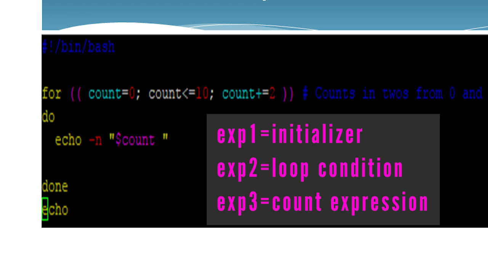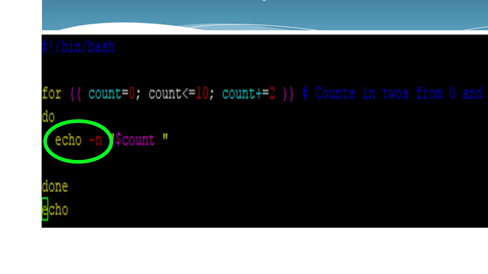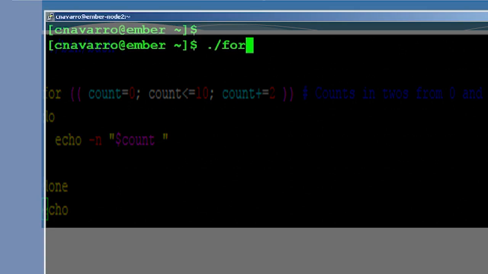Do echo -n, and the -n will negate any newline characters. Quote, $count. Count is a variable. It's going to start at 0 and increment by 2s. It will not generate a new line, as echo usually does, unless we remove the -n option. Done. Let's try it.